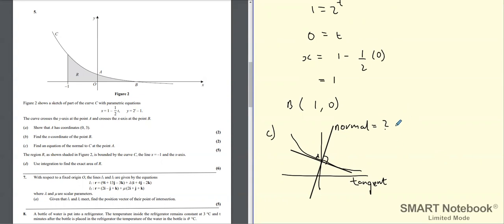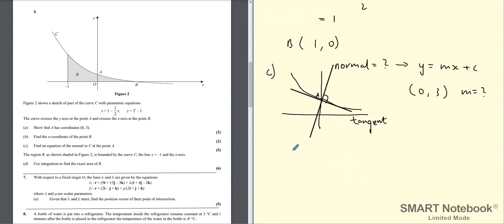Now, a straight line has an equation y equals mx plus c, or any of the other forms. To work out the equation of a straight line, we need a pair of coordinates, which we have, but we also need the gradient, which we don't have.